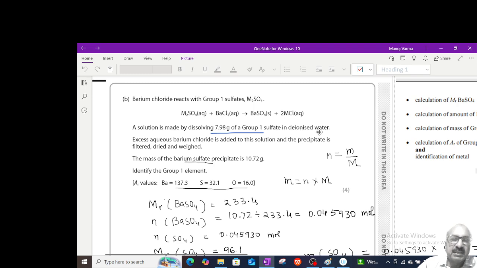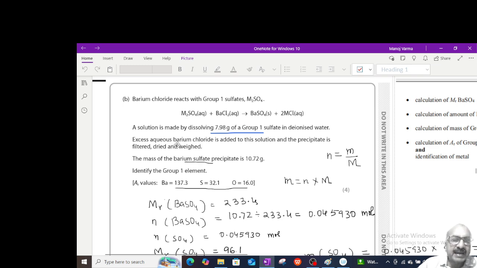Deionized water is simply pure water, and excess barium chloride is added to this solution so that we get the precipitate of barium sulfate, which is filtered, dried and weighed.